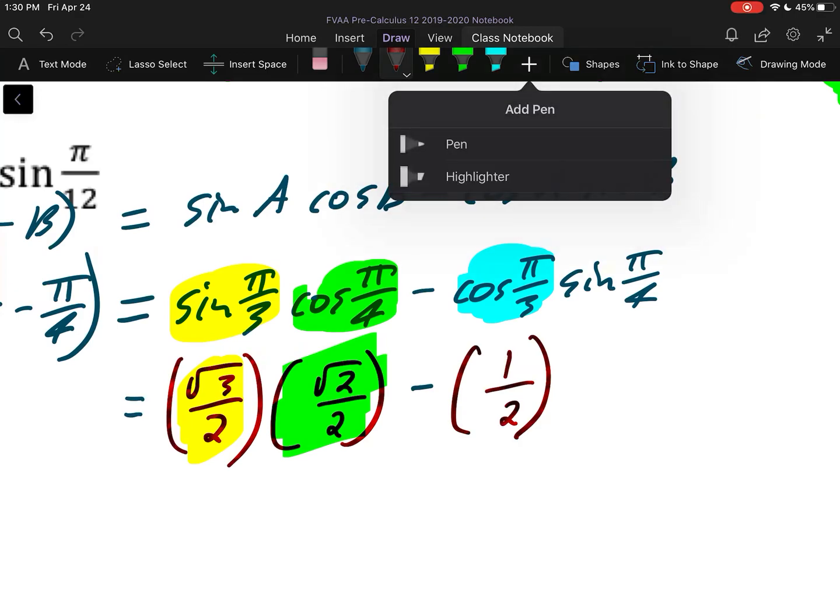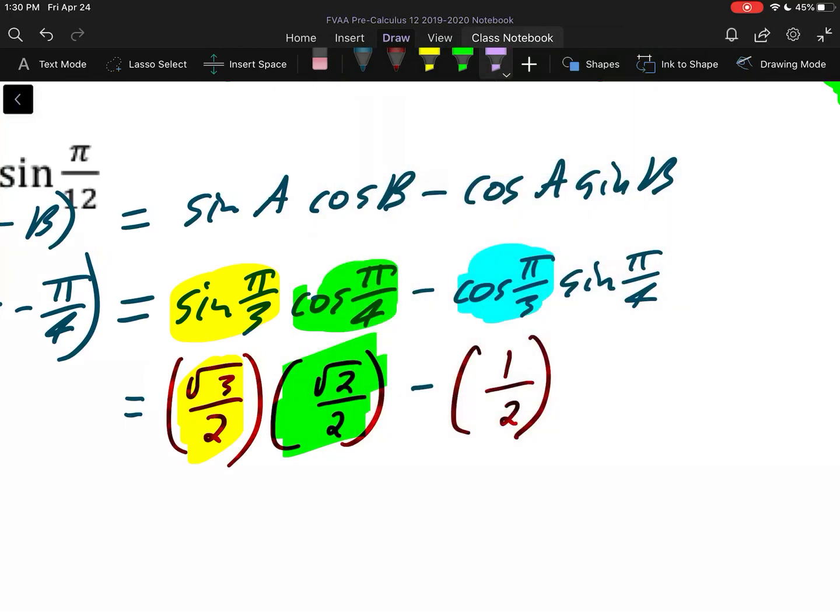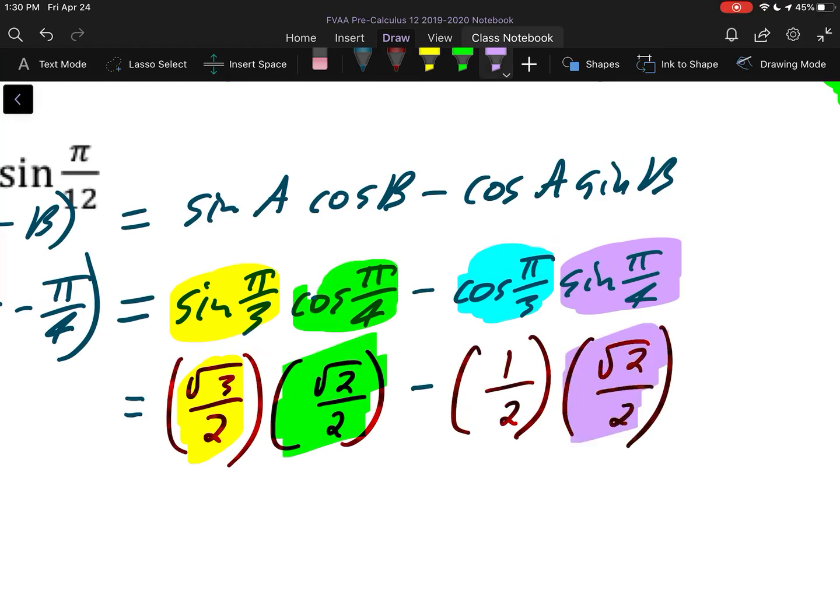And the last one, sine pi over 4, would be square root 2 over 2. Does that make sense? Were you able to track that? If not, go back and slow it down, rewatch it, and make sure you can track all four of these spots on your unit circle.